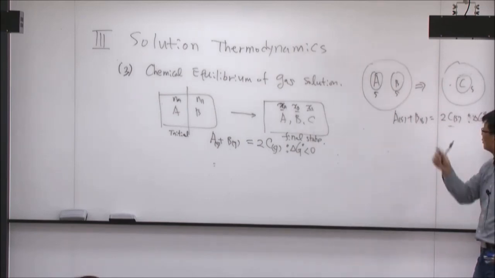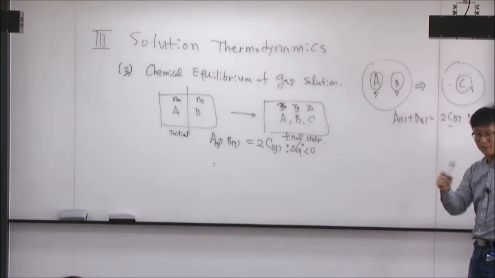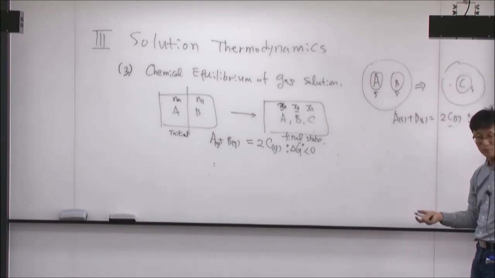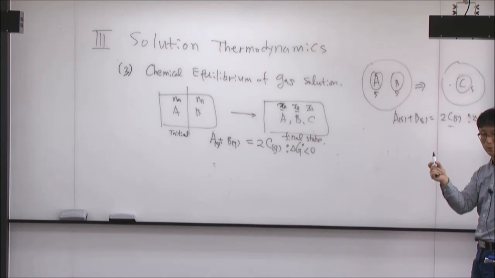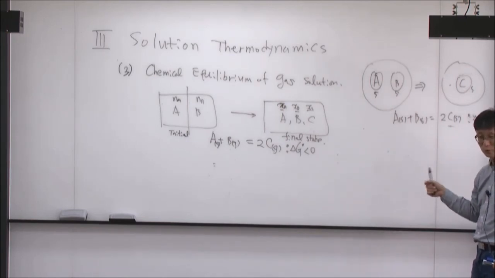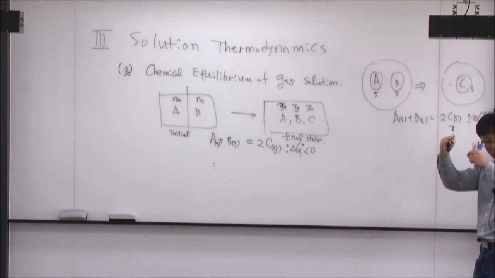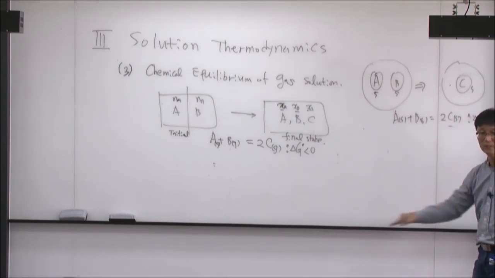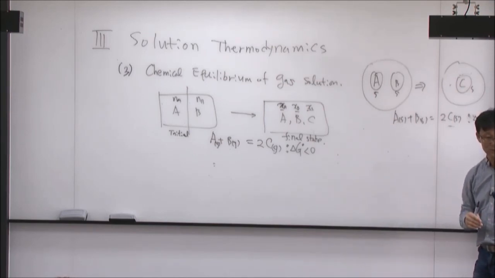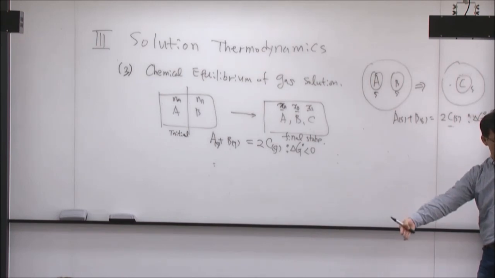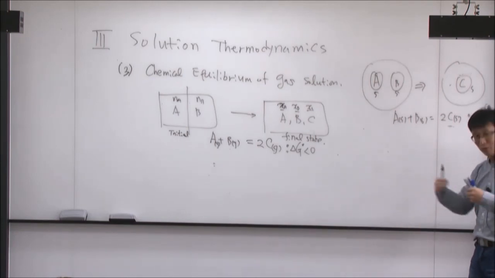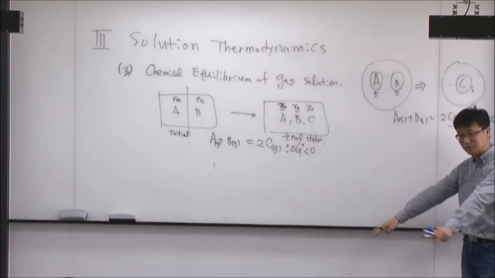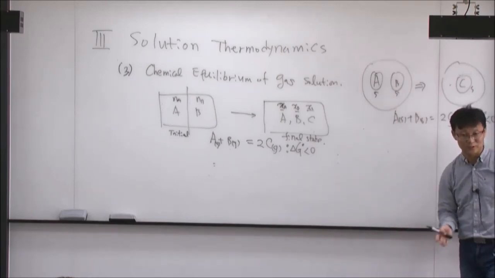You just show that, okay, I have half mole of A, half mole of B remaining, and then 1 mole of C is forming, and I have 0.1 mole of A, 0.1 mole of B remaining, and 1.8 moles of C is forming, and you just count all these different scenarios, and then find what is the minimum Gibbs energy condition. Okay? That's the final equilibrium state. So the system tries all different things and then finds out what's the equilibrium state.